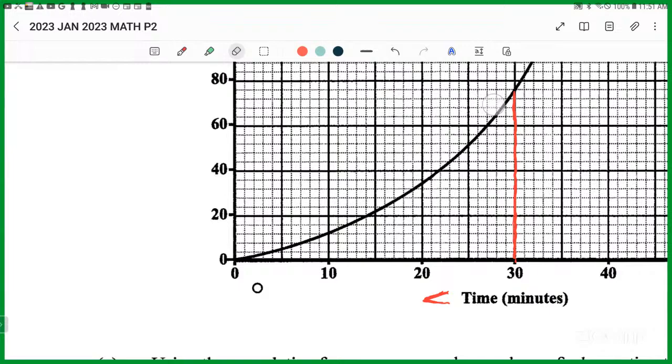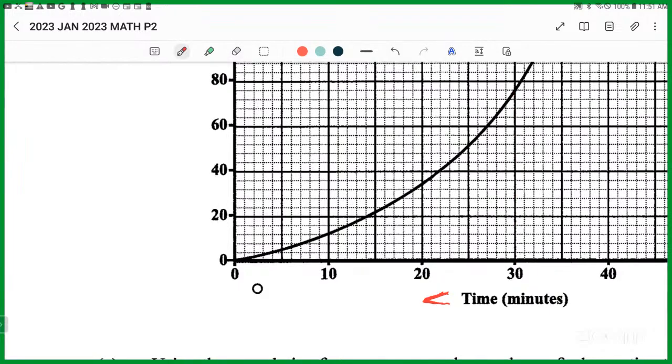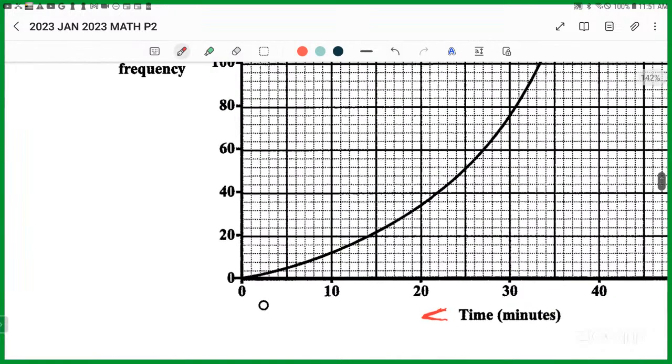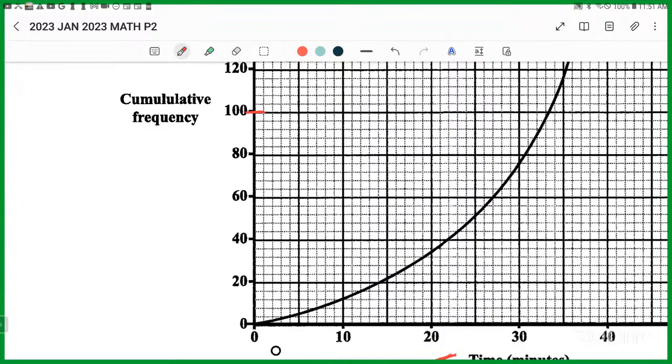If you want to know the time, for example, that 100 of the students took less than, then at 100, you come across on the graph to here and you read that time down here. What would that be?